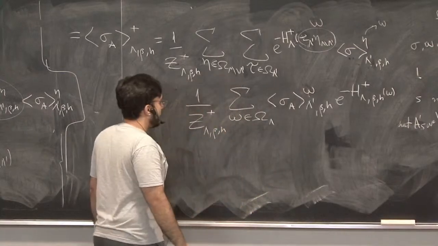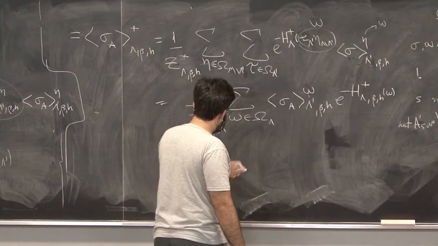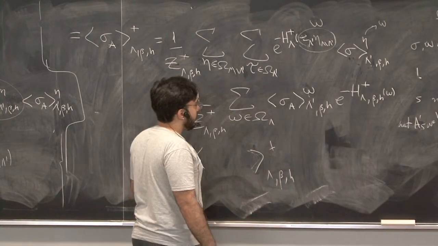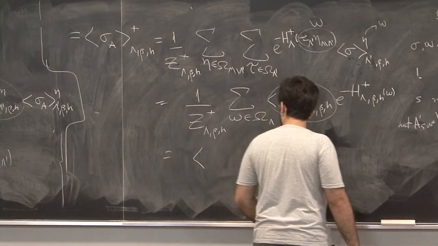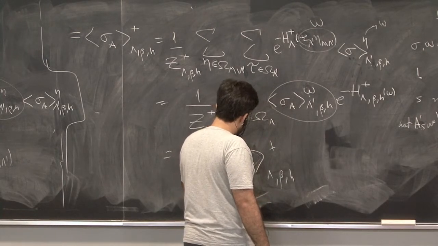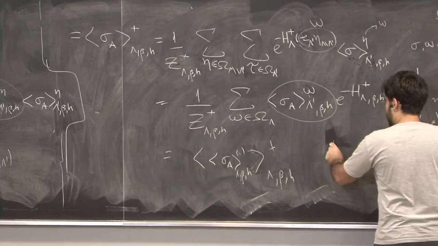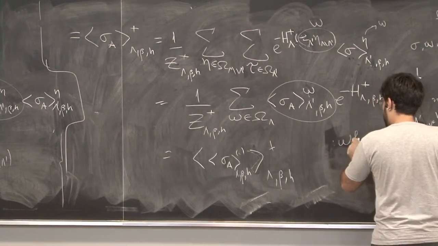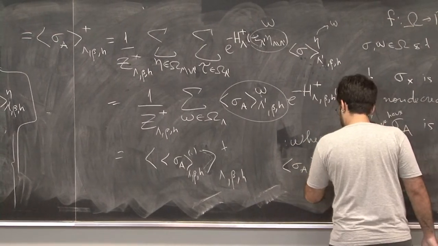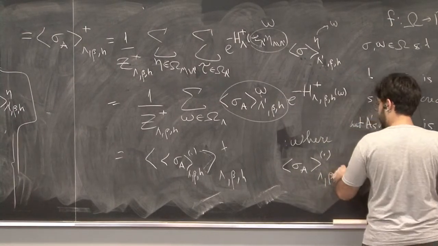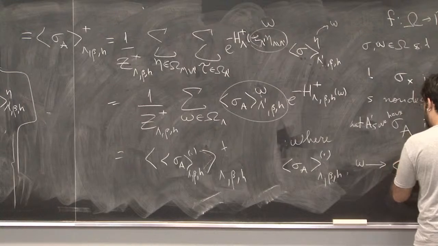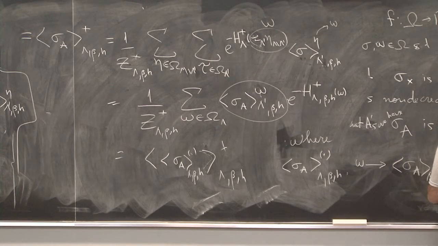So this is just the mean with respect to the plus boundary condition of this function right here, the function lambda, beta, h that associates to each omega the mean like this.